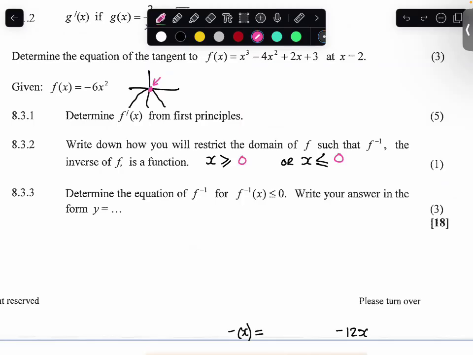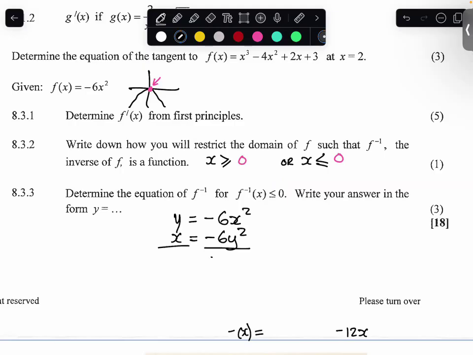Determine the equation of the inverse for where the inverse is less than 0. So where the graph lies below the x-axis. Right, okay. So very simply, we're first going to pull out the equation. The equation is y is equal to minus 6x squared. If I want the equation of the inverse of this graph, I have to swap x's and y's, and then I need to make y the subject of the formula.